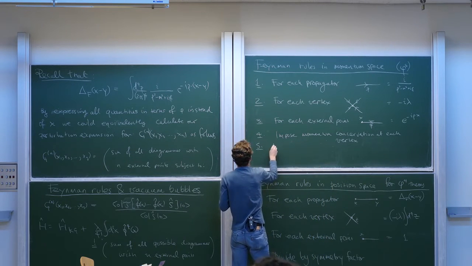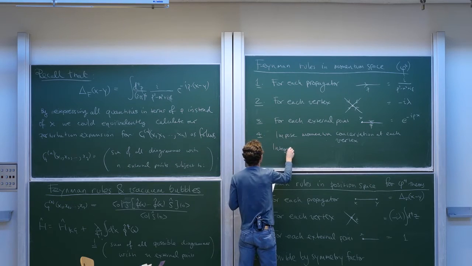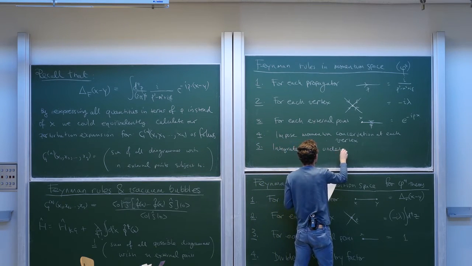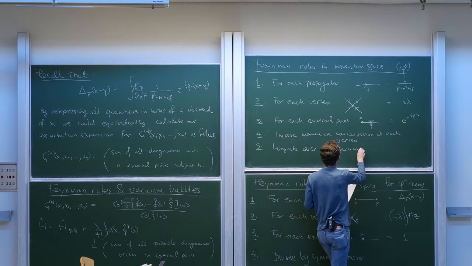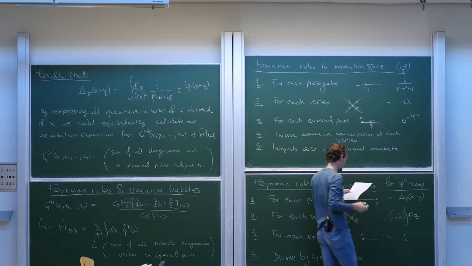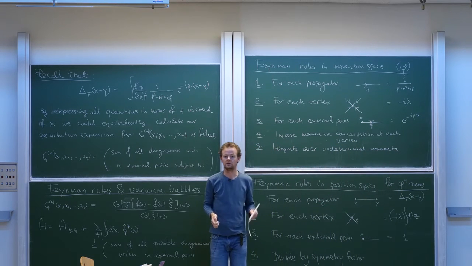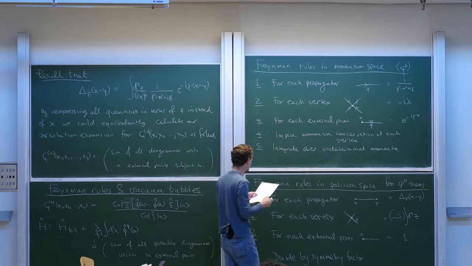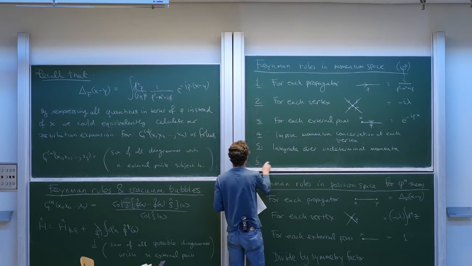We then integrate over undetermined momenta. So if you impose momentum conservation, you may not in fact determine all the momentum variables. And then you divide by the symmetry factor, this last bit.